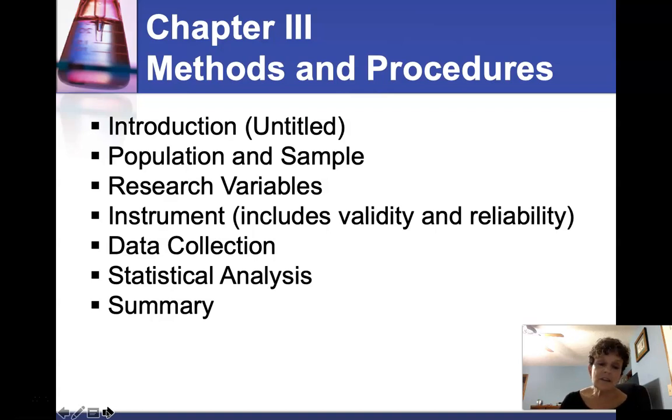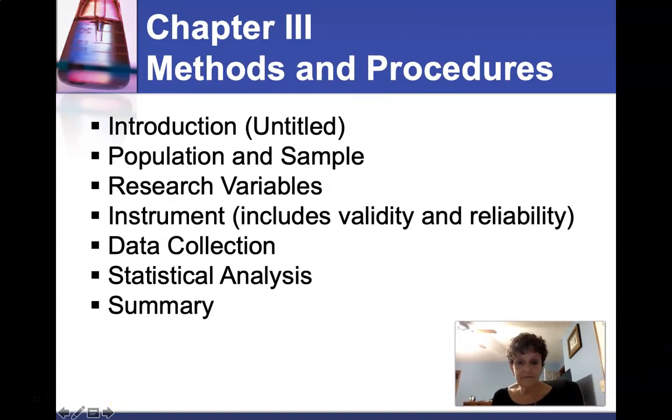Then you talk about the variables you're going to run into during your research. Then you talk about your instrument. Is it one you developed yourself, or one someone else developed that you have used? You talk about how you determined that it's valid and reliable. Then you talk about how you're going to collect your data.